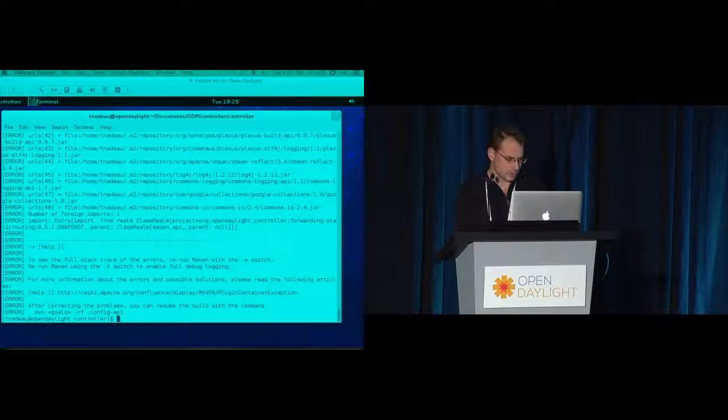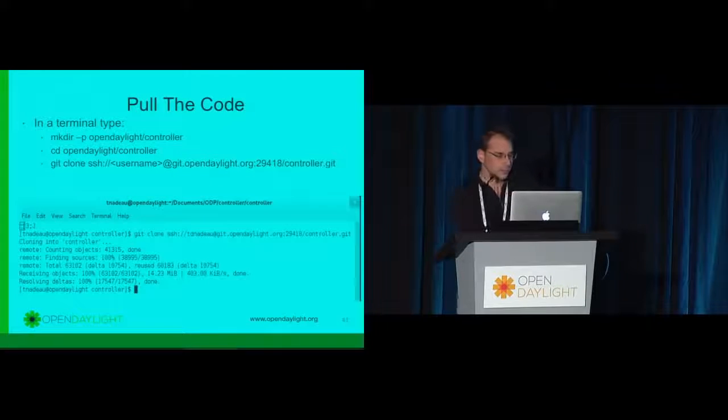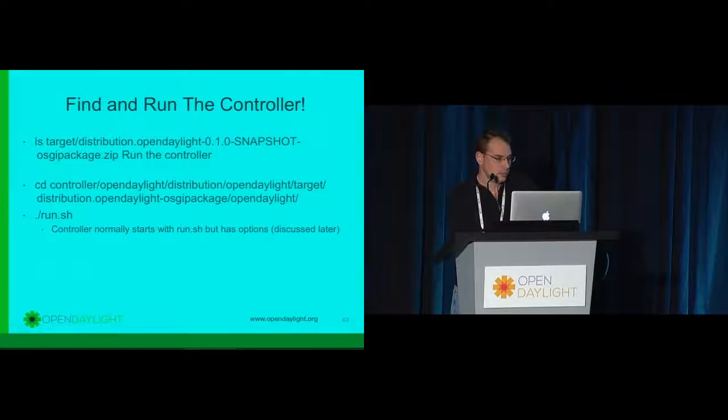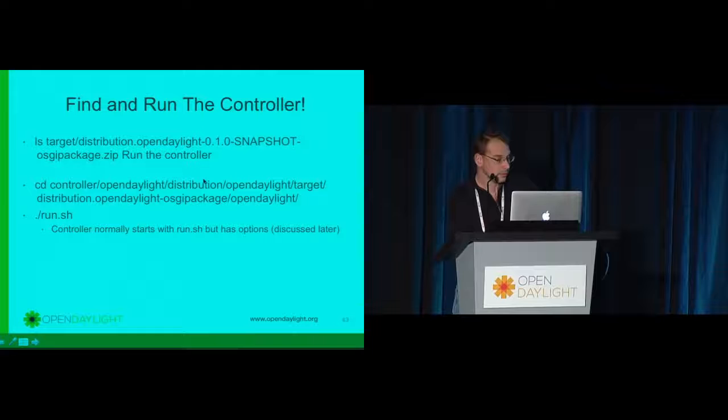At this point, running the controller is straightforward. I'll show you how to run it. It's not going to run now because the build didn't work. But this is how you run the controller. Take a look in the target directory, in the snapshot directory. You go down here and run the run.sh script, and that'll load it.